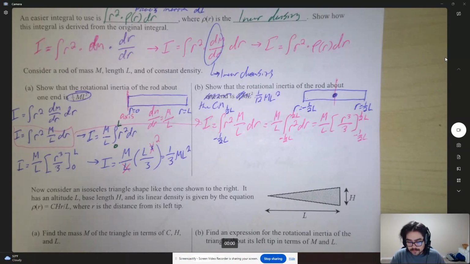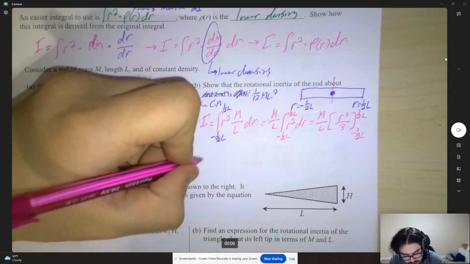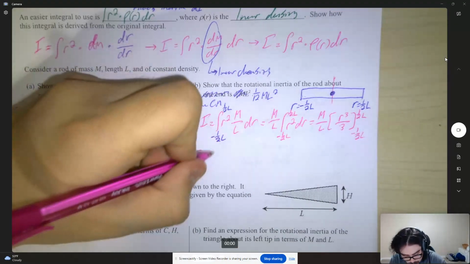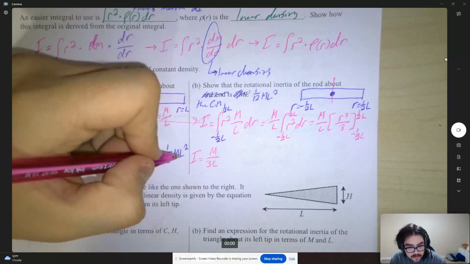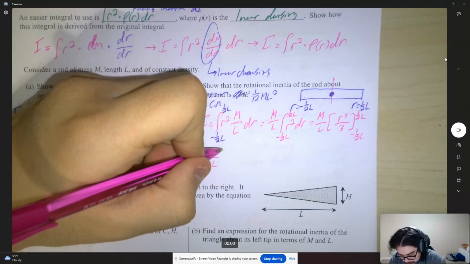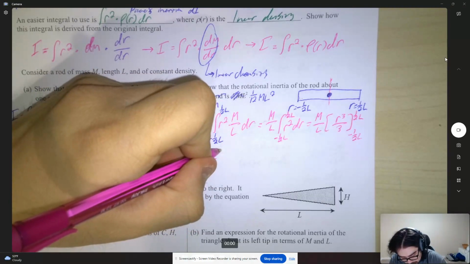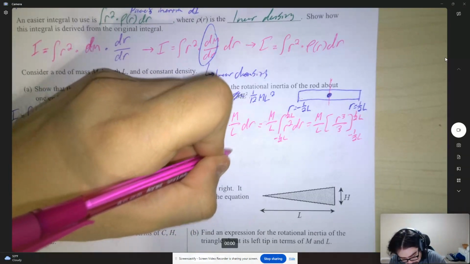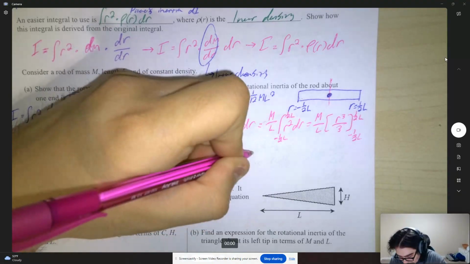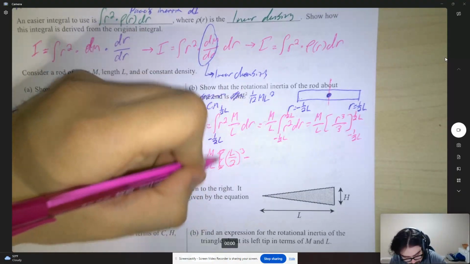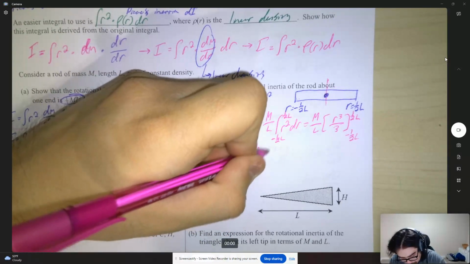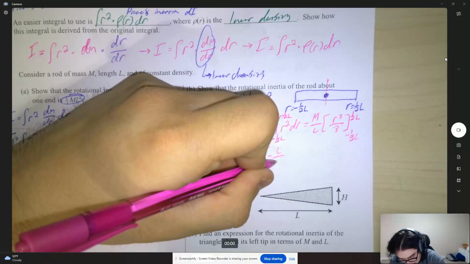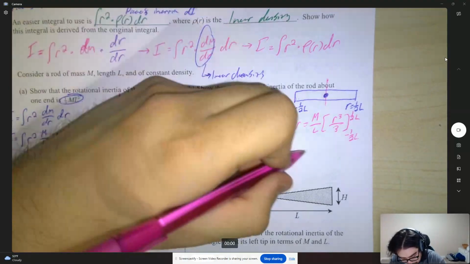And then when I apply my bounds to this, I end up getting that the inertia should be equal to m over 3L, because I factored out my 1 over 3, times L over 2 cubed, minus m over 3L times negative L over 2 cubed, okay?